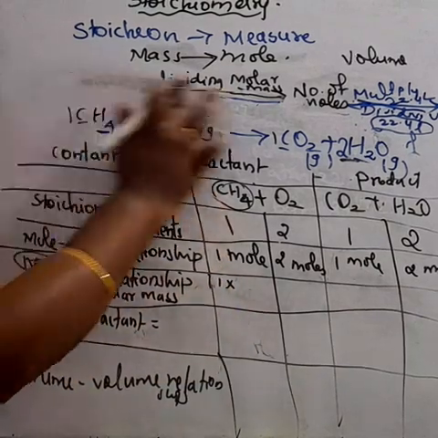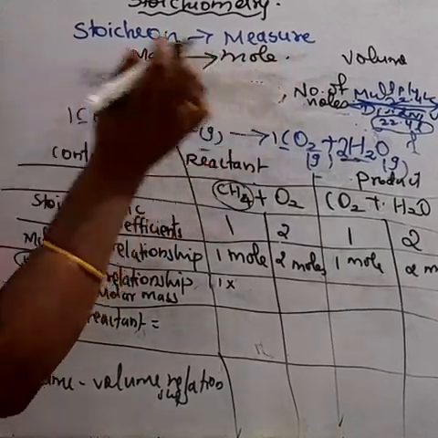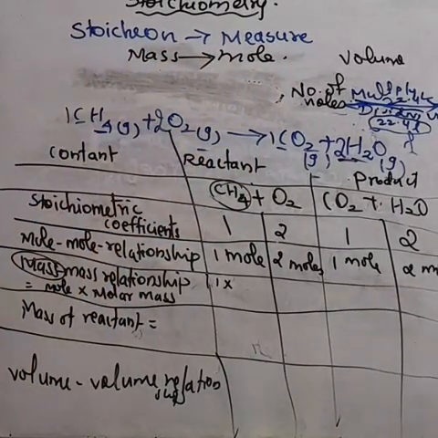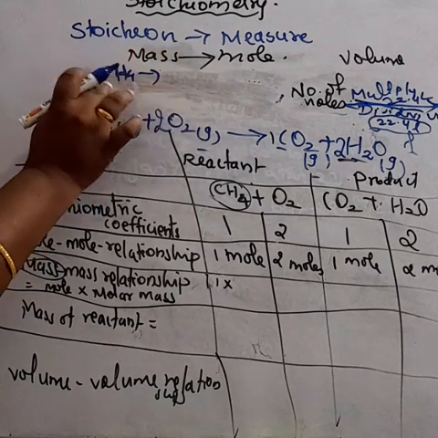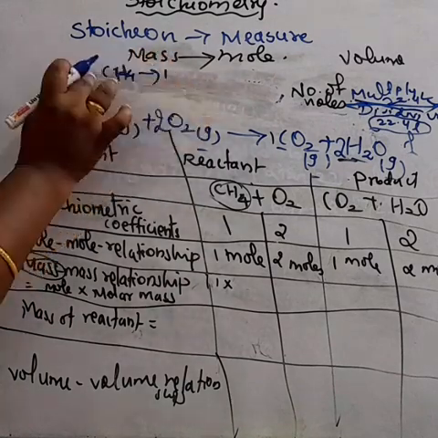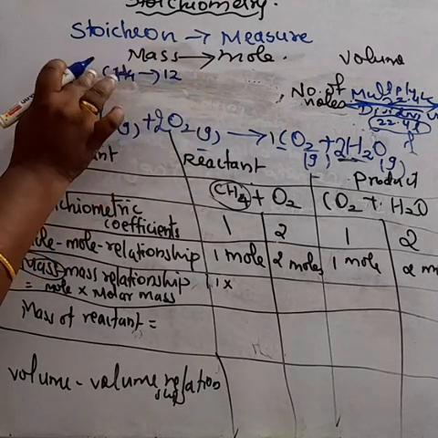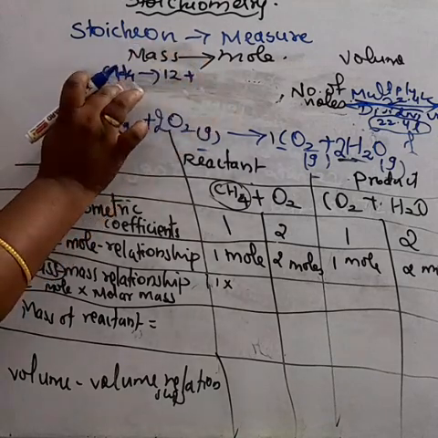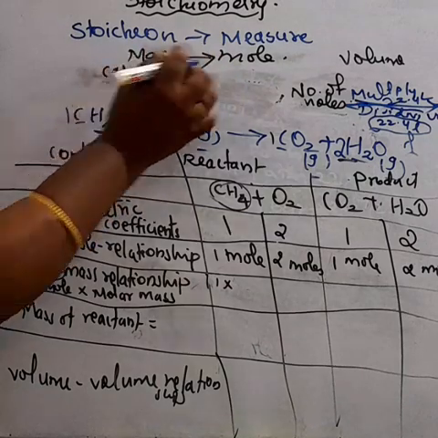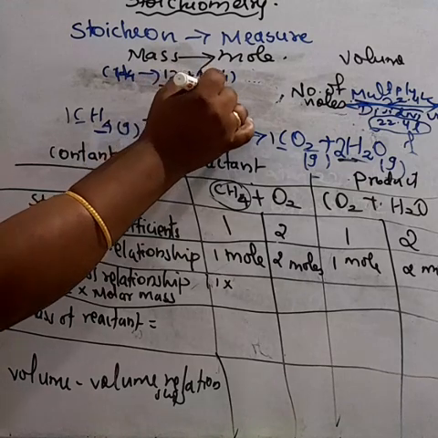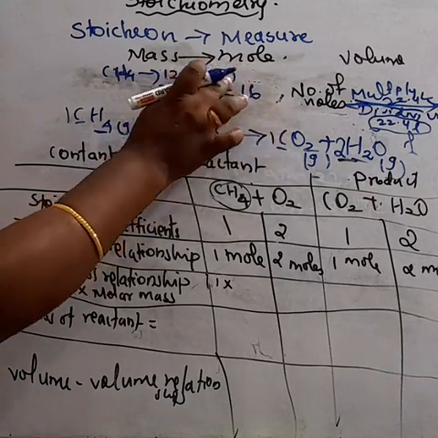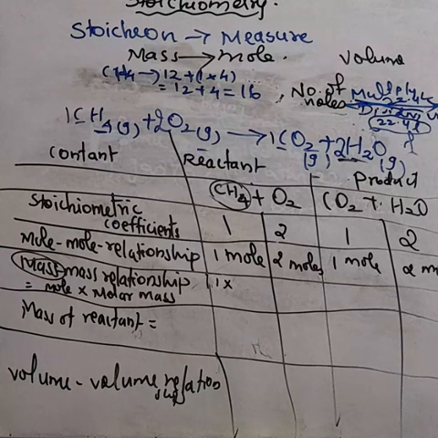How do we get the molar mass? We add all the atomic masses of each atom present. Carbon atomic mass 12 plus hydrogen atomic mass 1, but there are 4 atoms, so 4 into 1 is 4. 12 plus 4 is equal to 16 gram.